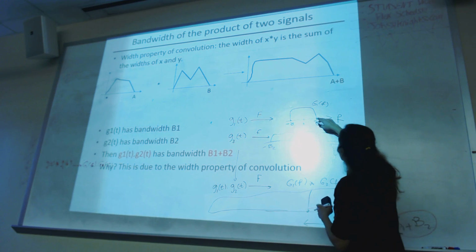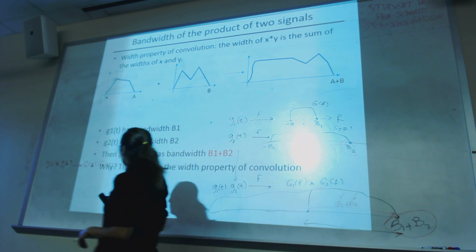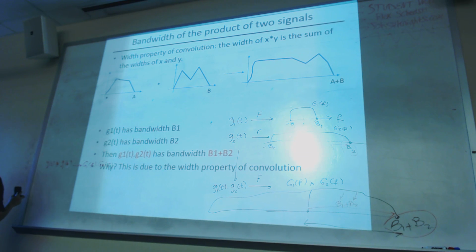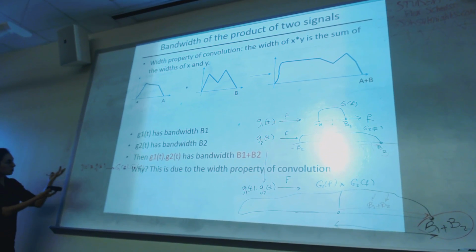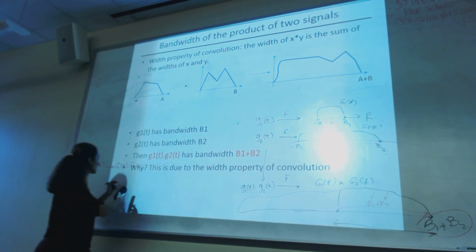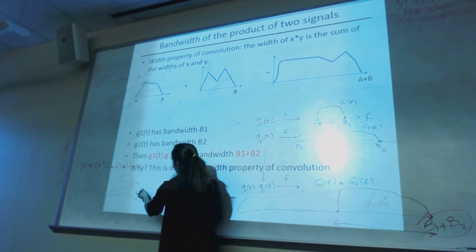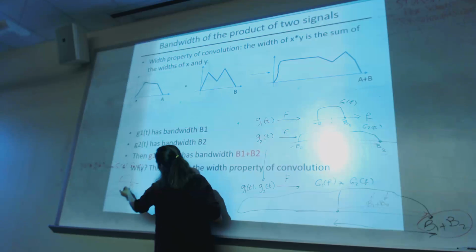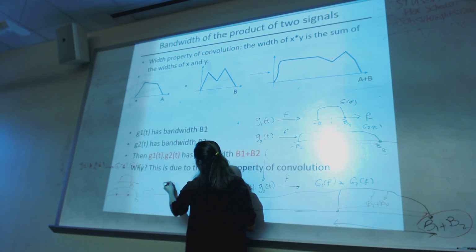If I multiply these two, the smallest will be the bandwidth. Again, this could be a question for the exam. You don't have to memorize these things; just look: I'm convolving in time, so check the multiplication in frequency. If one of them is B1, the other is B2, and B2 is greater, when I multiply these, it's going to be limited by just B1.